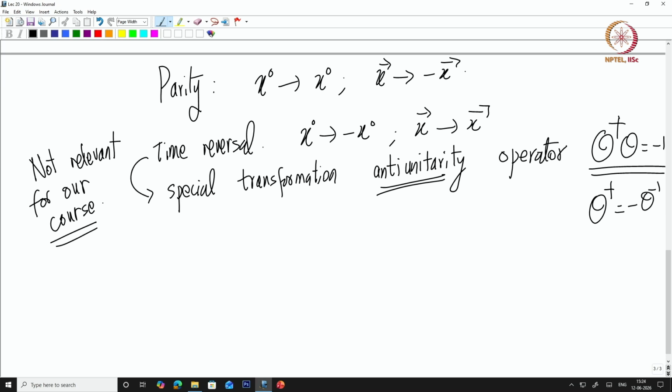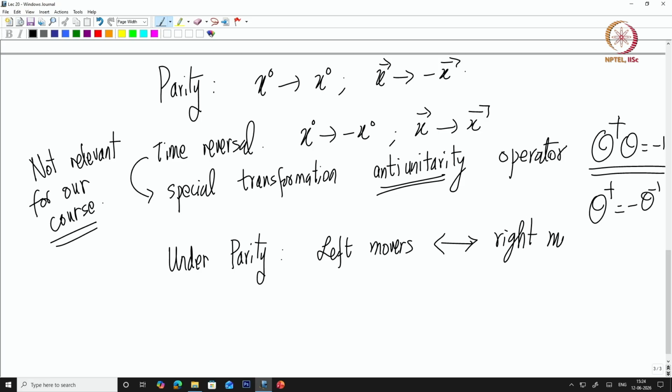So, parity, what does it do? Under parity, left movers become right movers.